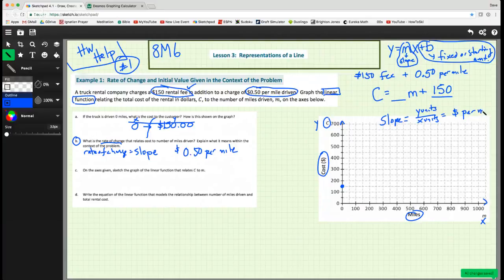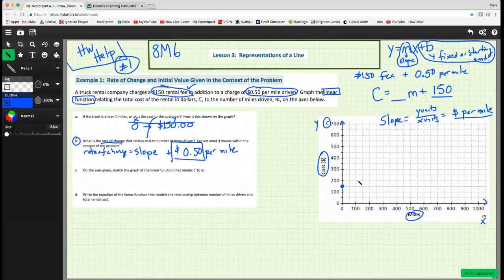So it's dollars per mile. And that's good. We see dollars per mile. So that makes sense that this is our slope given everything that we've learned. Okay, and it's positive. So that means that this line is going to be going up and to the right.